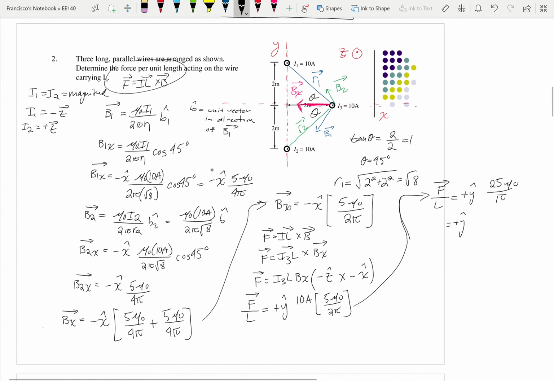This equals 25 plus y hat times 25 times 4 pi times 10 to the negative 7. That's the permeability constant, which is described as mu naught over pi. Therefore, we get force per unit length is in the y direction of 10 to the negative 5 newtons per meter. That's the answer right there. Okay. Thank you.